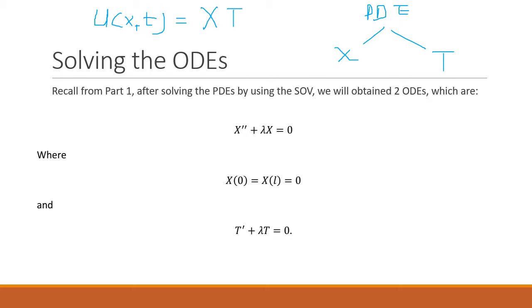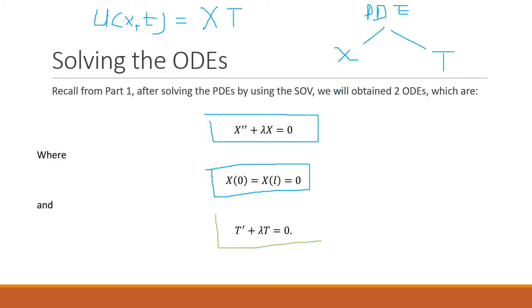Okay, so recall from part 1, after solving the PDE by using the separation of variable, we obtain two ODE. For the X variable, we have X double prime plus lambda X equal to 0. Okay, this is for X variable with two homogeneous boundary conditions, which is X(0) equal to X(L) equal to 0, and for T variable we have T prime plus lambda T equal to 0.